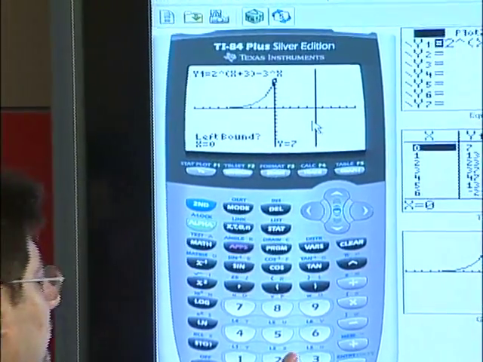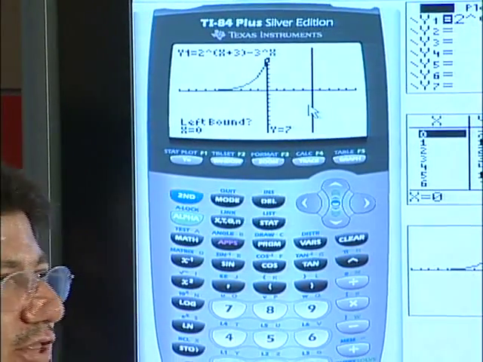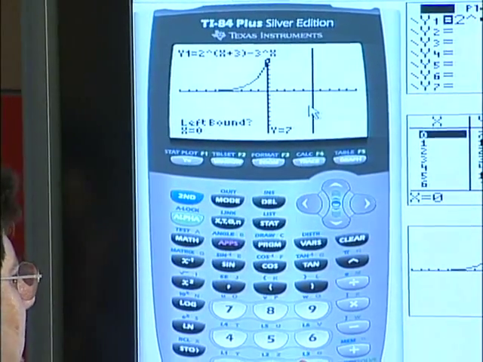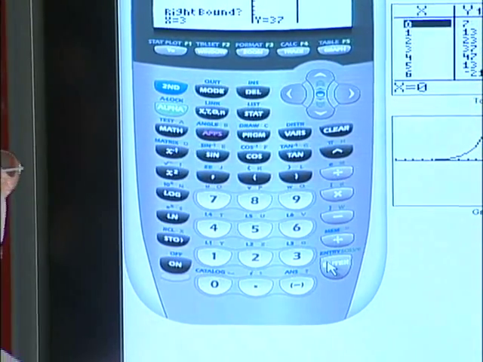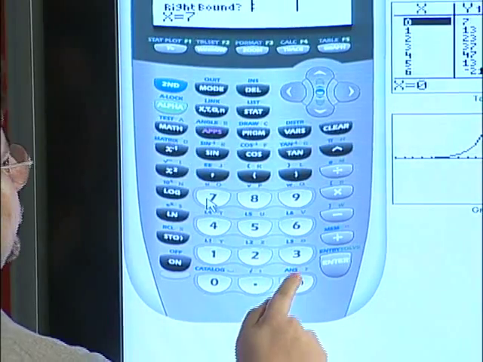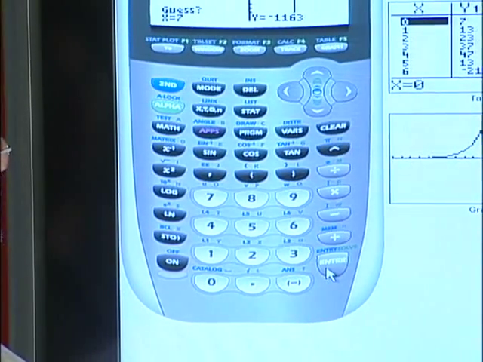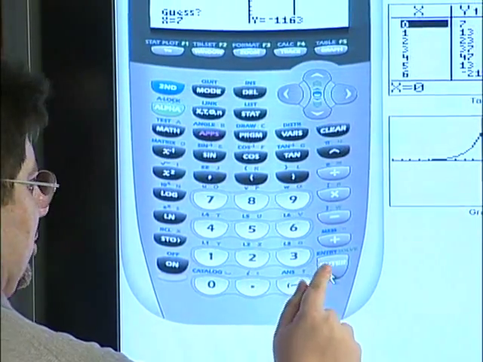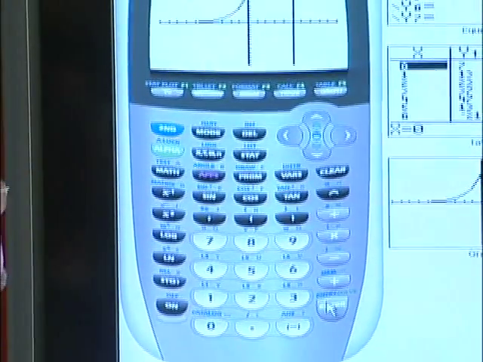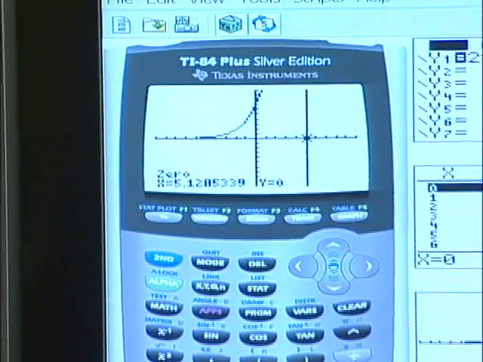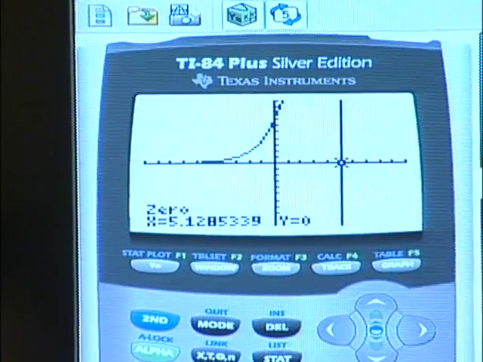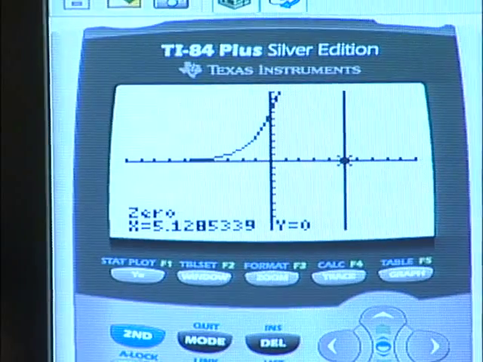So for the left bound, 3 is a good choice. And for the right bound, 7 is another good choice. We are required to make a guess, which is not important. We press enter, and we find the solution to our equation, 5.13, rounded to 2 decimal places.